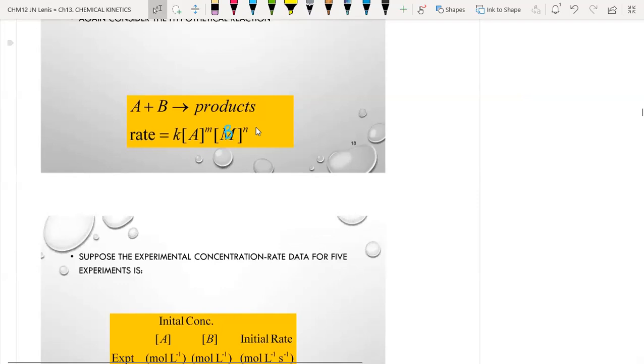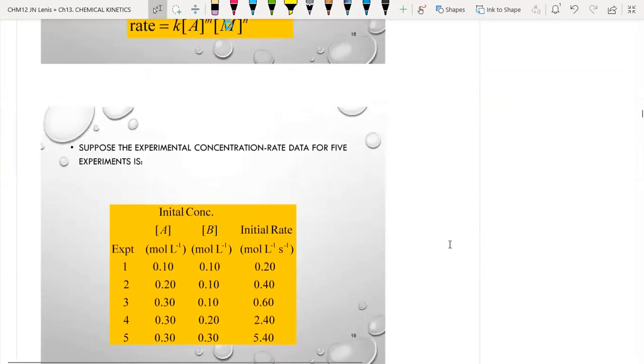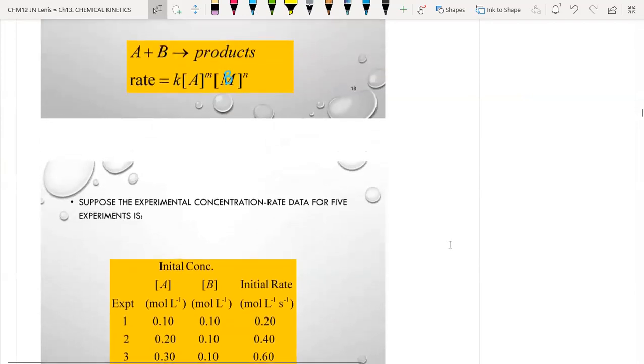At least that you had M as another reactant. And the question is, how do you find these exponents? How do you find the order of the reaction?